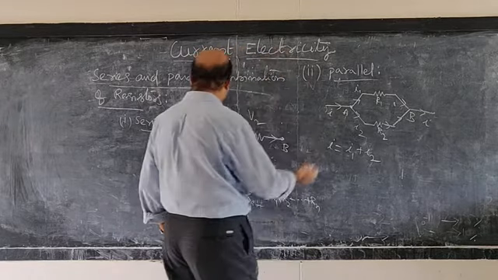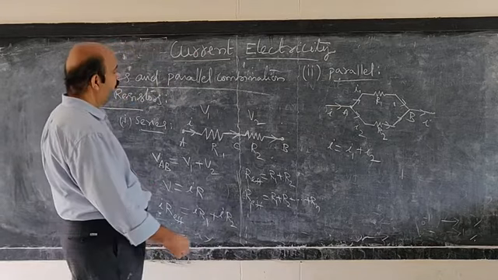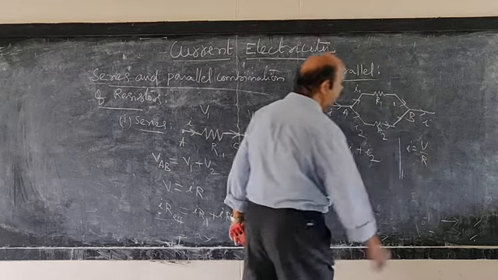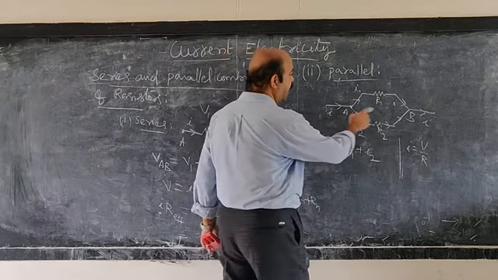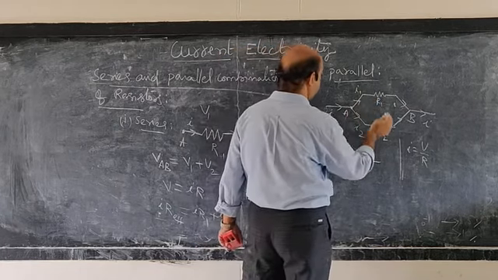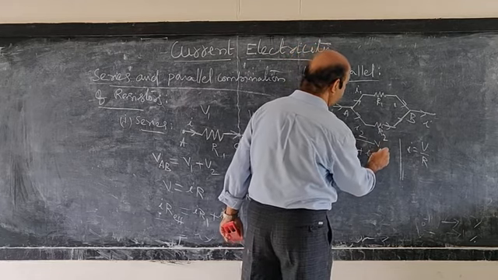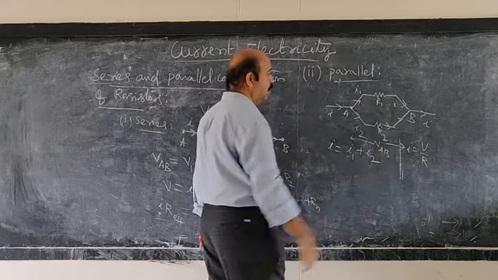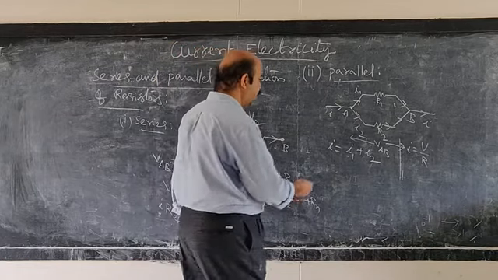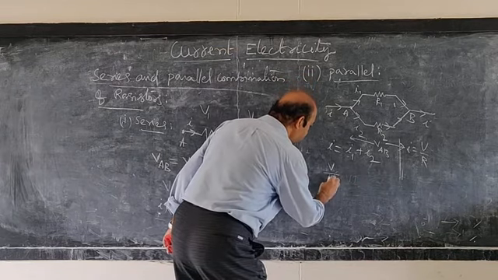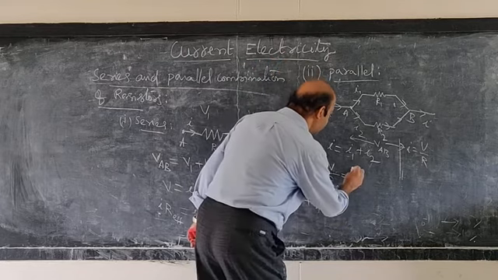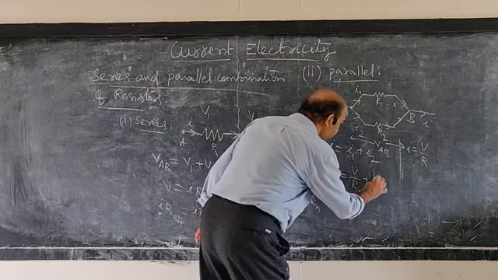From Ohm's law, I is equal to V by R. Since A and B are common to R1 and R2, the potential difference is the same across both resistors. Let us call VAB as V. So V by effective resistance is equal to I1, which is V by R1, plus I2, which is V by R2.